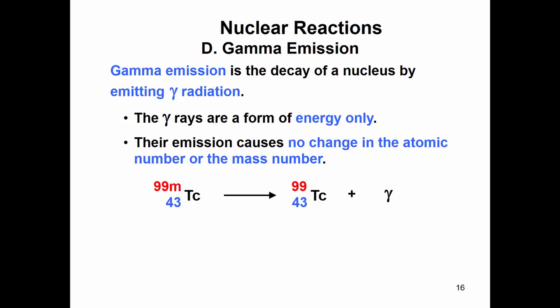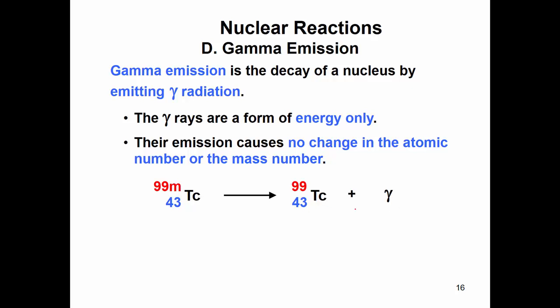Gamma emission is the decay of a nucleus, and it emits this gamma radiation. If you remember from a previous video, we talked about how gamma rays have no charge and no mass. Therefore, the emission causes no change in the atomic number or the mass.